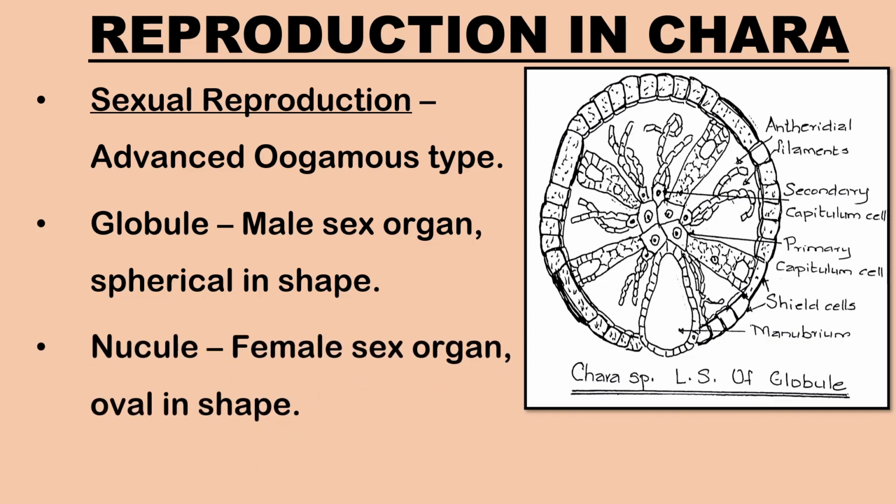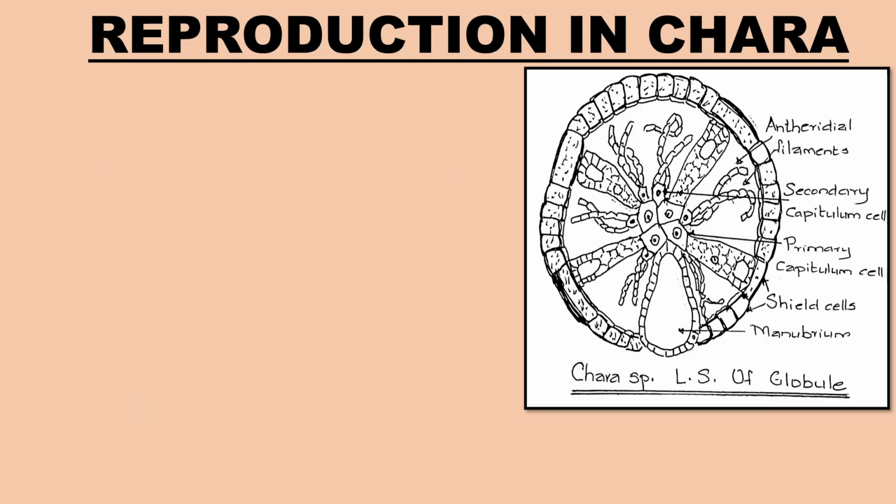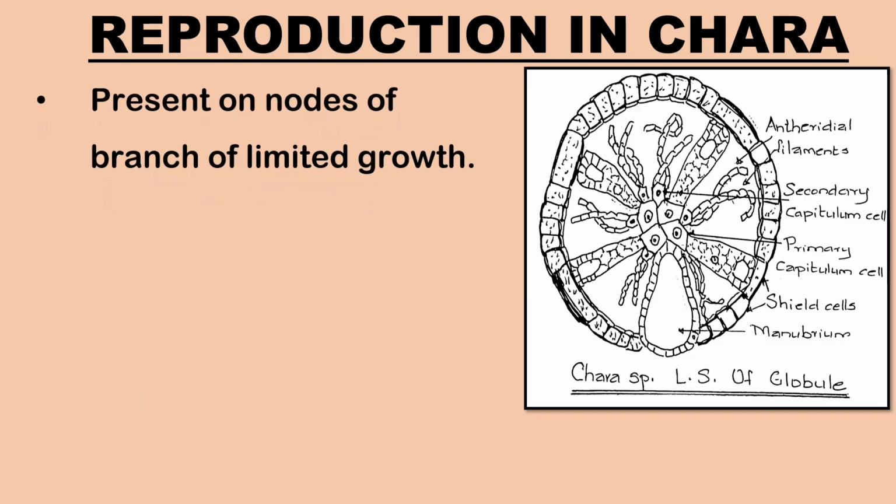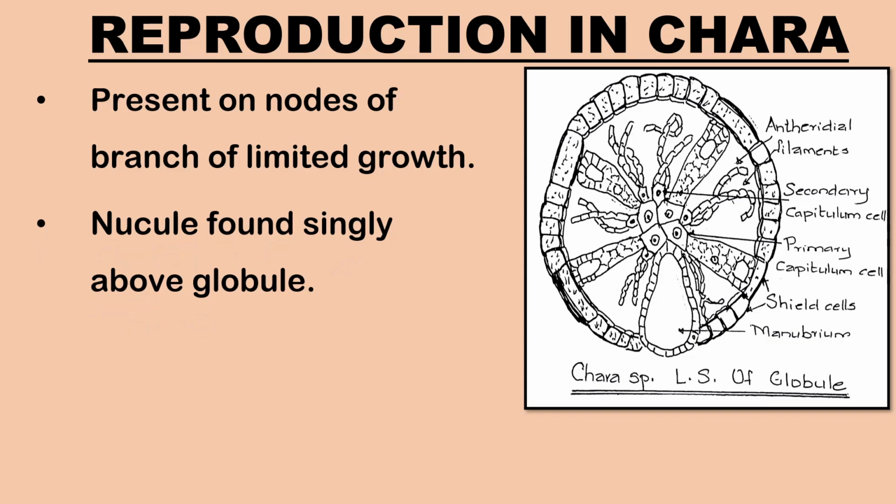Female sex organ is known as nucule or oogonium. It is oval in shape and greenish in color. It is present on the nodes of the branch of limited growth intermingled with secondary laterals. Nucule is always found singly above the globule.